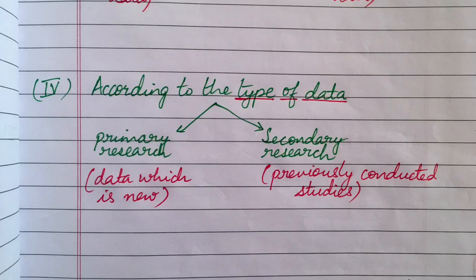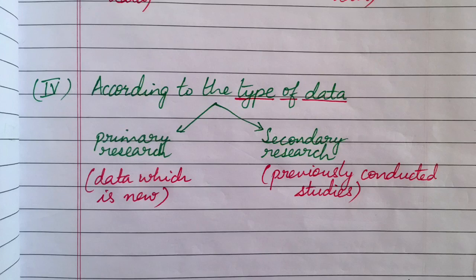Data sources in secondary research are books, magazines, journals, where you can find all the findings and discussion about these previously done studies. In this type of study, the researcher is not involved in primary data collection.